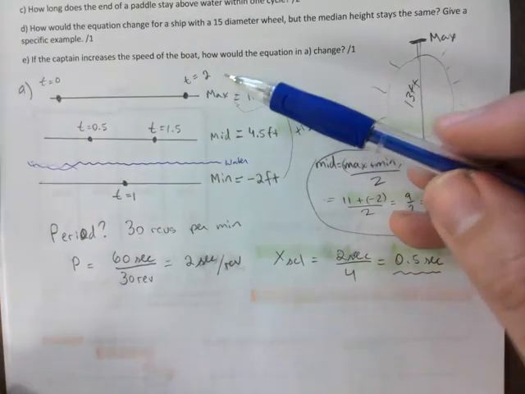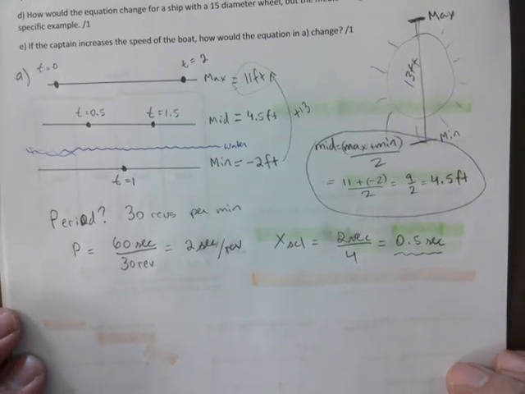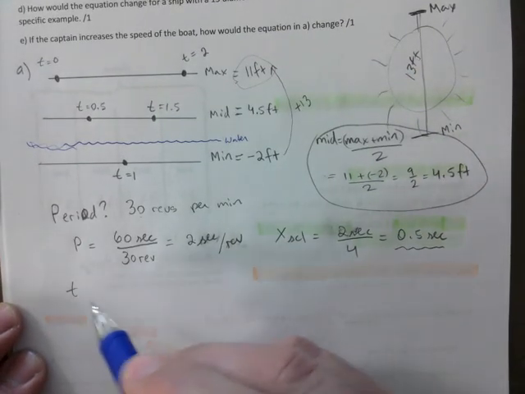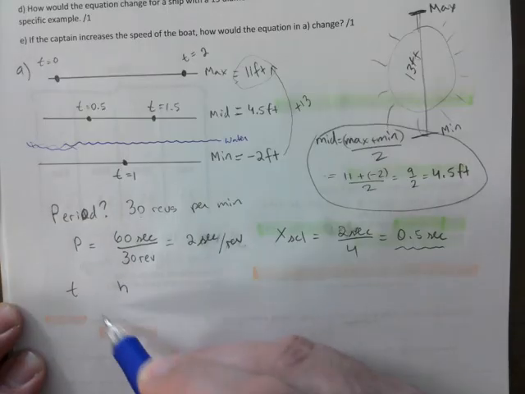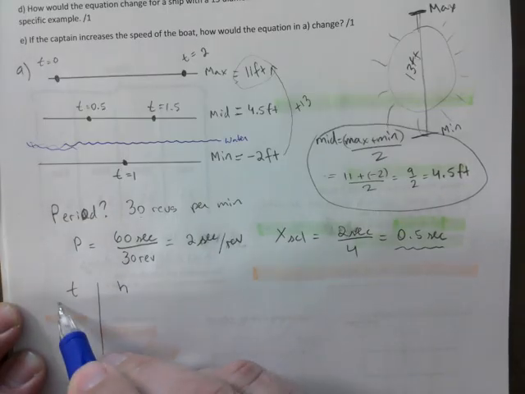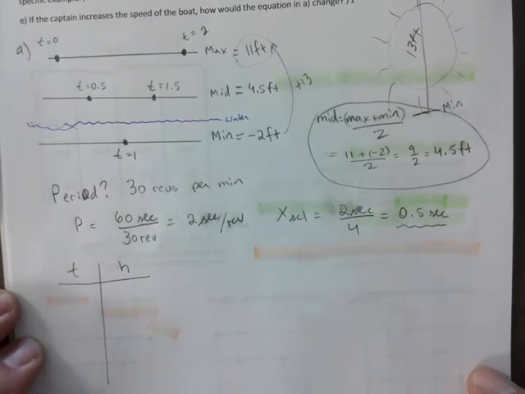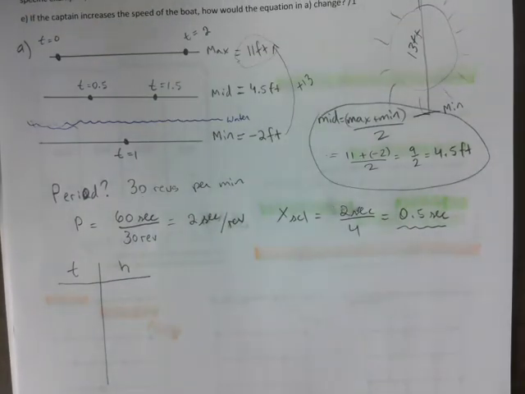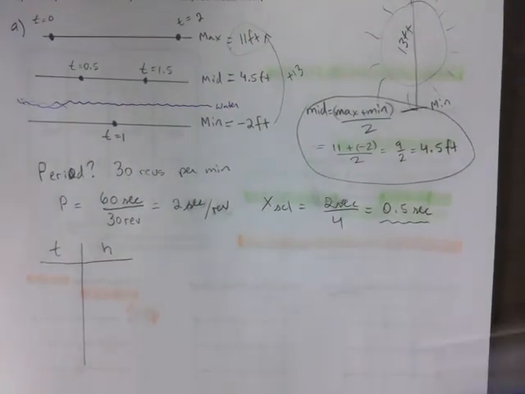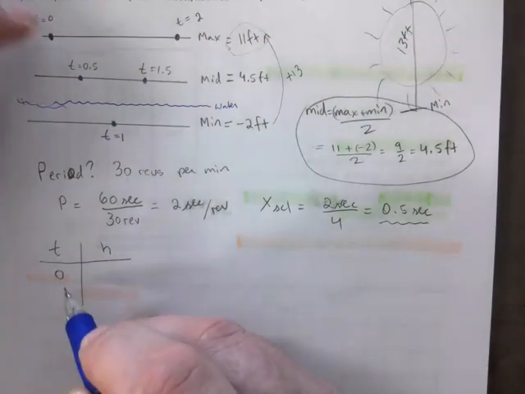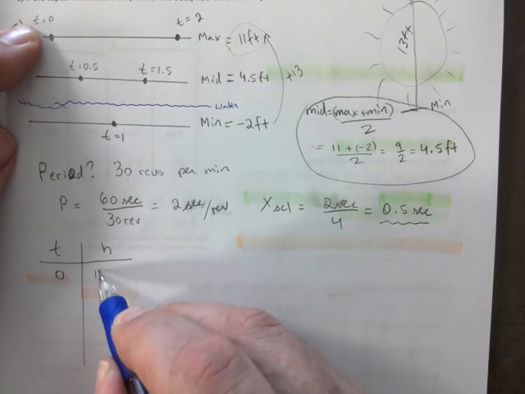Let's make our table here, because I would not recommend you do that. So time and height. You make a little T-chart. When time is 0, my height is 11.